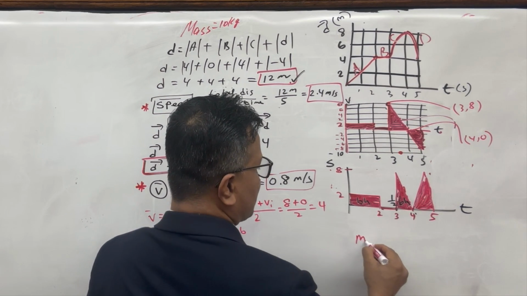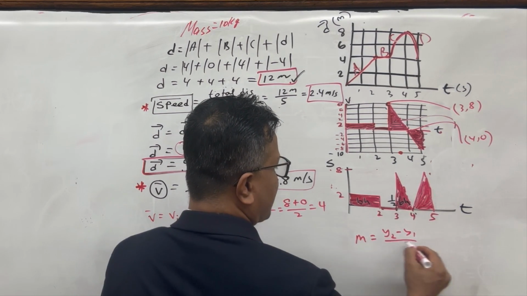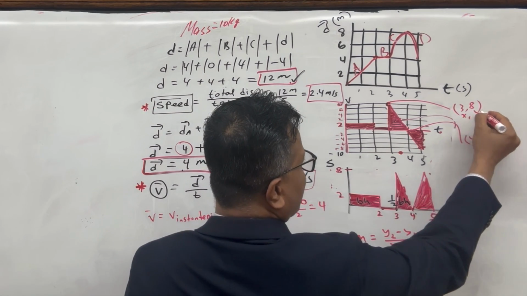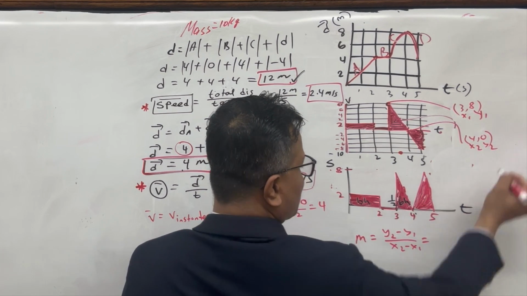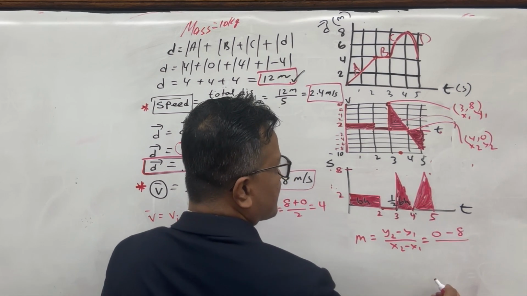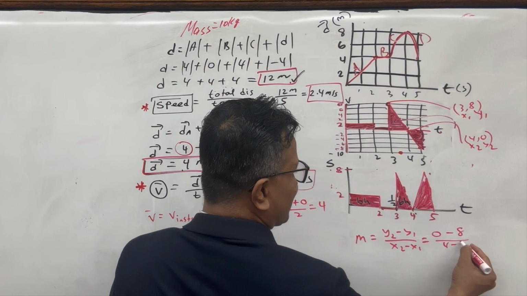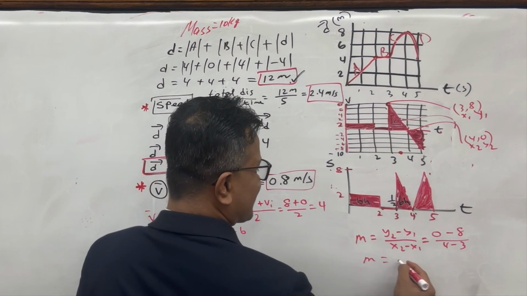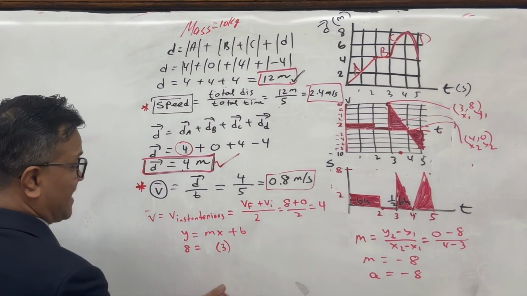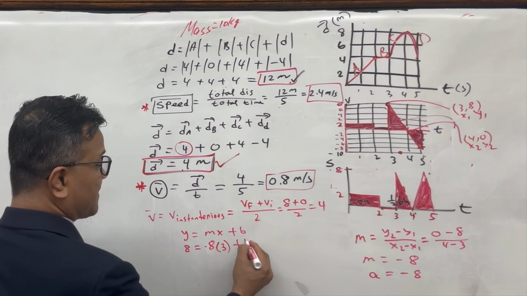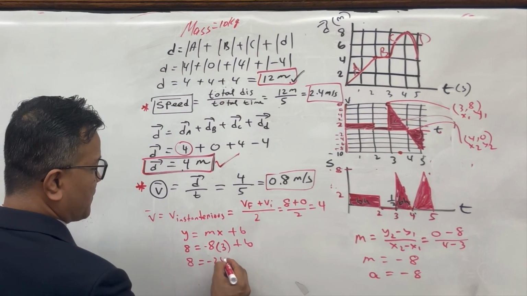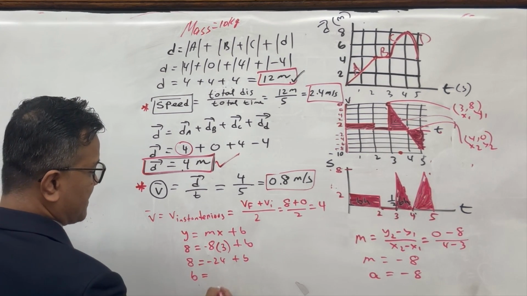So what is the slope? y2 minus y1 over x2 minus x1. So this is your x1, y1, x2, y2. y2 is 0 minus y1 is 8. x2 is 4 minus 3. So the slope is negative 8. The name of the slope is acceleration, negative 8. So this is negative 8 times 3 plus b. So 8 equals negative 24 plus b. So the y-intercept is 32.